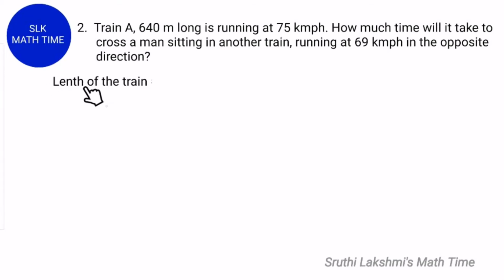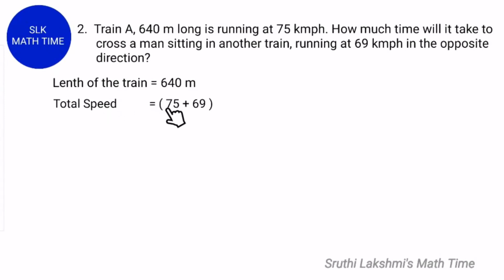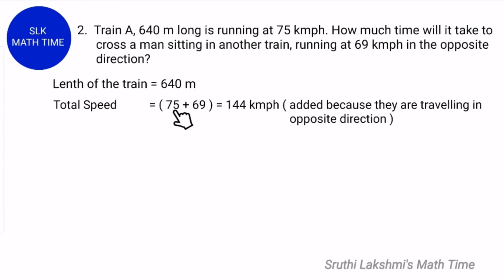The length of train A is 640 meters. To find the total speed, we have to add both the train speeds. So 75 plus 69. We add both because they are running in opposite directions. So 75 plus 69 is 144 km per hour.